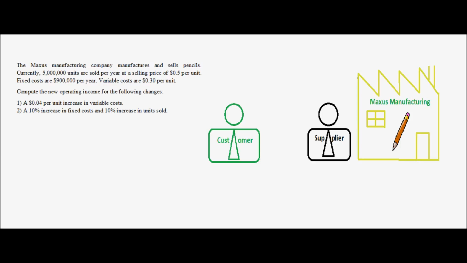So here in this picture, this building represents the manufacturing facility of Maxus Manufacturing Company, which is manufacturing pencils. The supplier represents the Maxus manufacturing representative, and the customer represents all the customers who are buying pencils from Maxus Manufacturing.